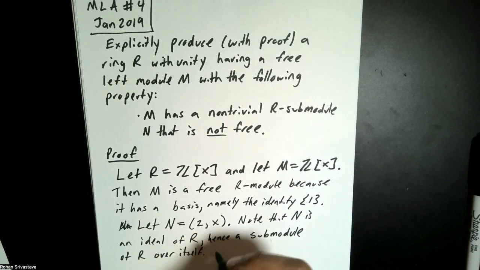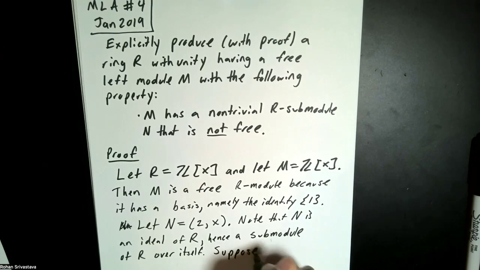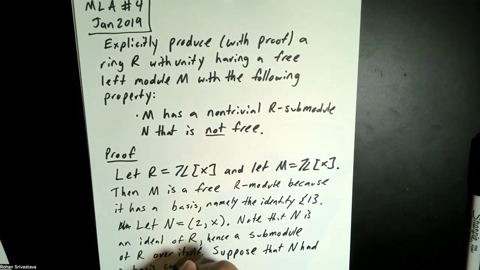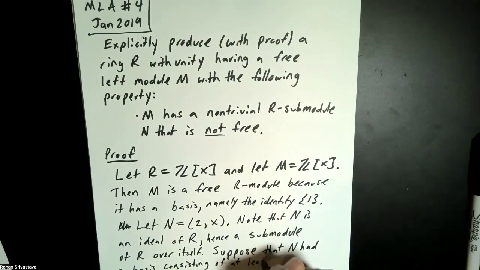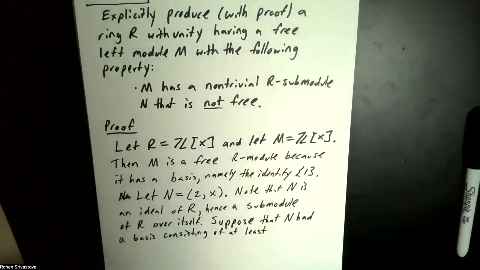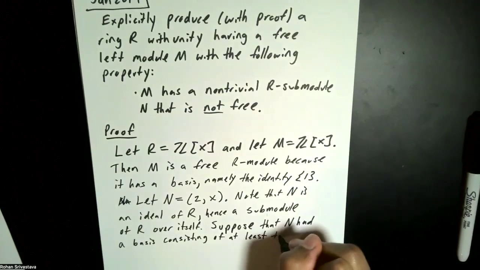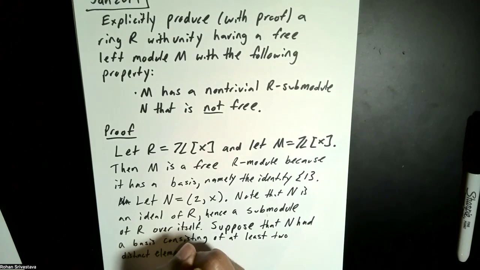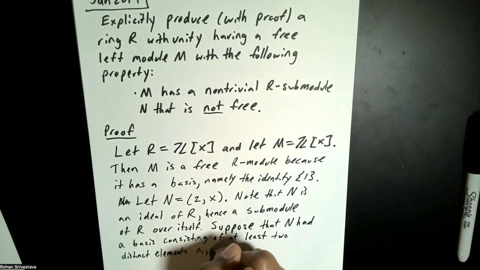Let's suppose we want to show that N is not free. So we have to show it can't have a basis. Well, suppose that N had a basis consisting of at least two distinct elements, n1 and n2.